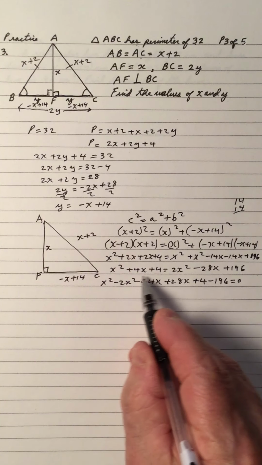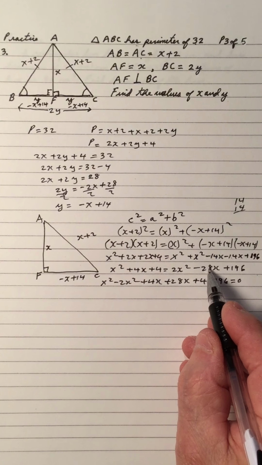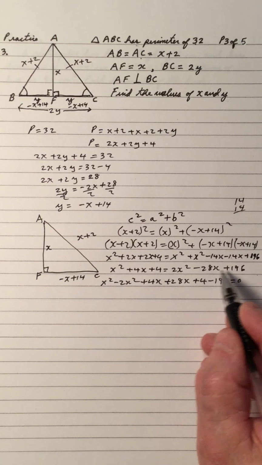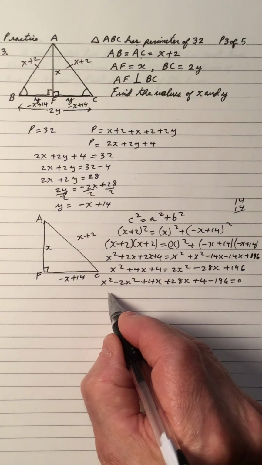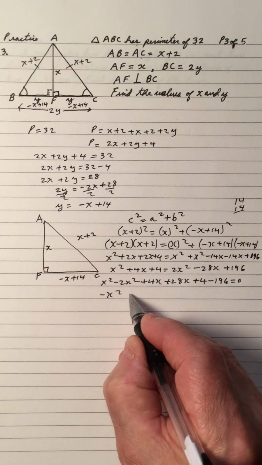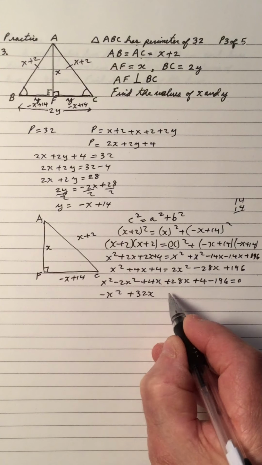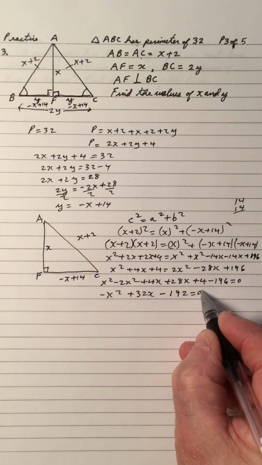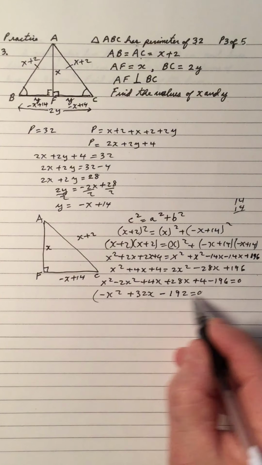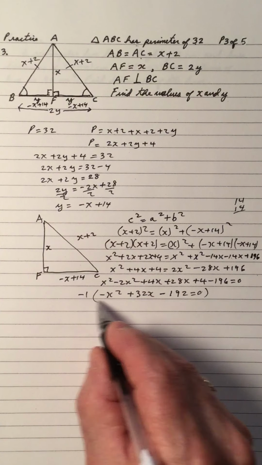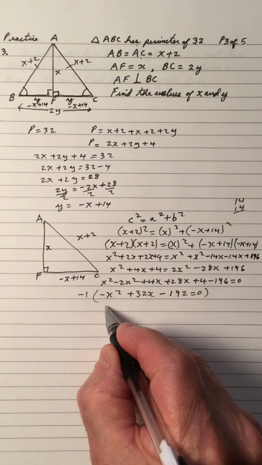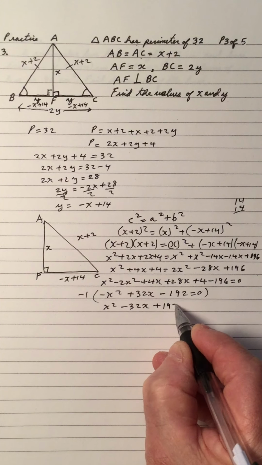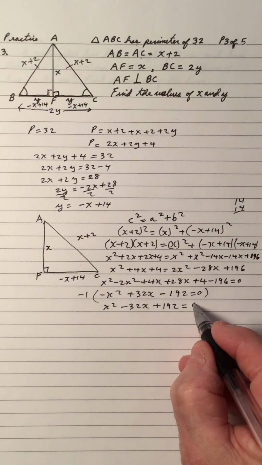So the 2x squared moved to the left to become negative. The negative 28x moved to the left to become positive. And the positive 196 moved to the left to become negative. That gives me negative x squared plus 32x minus 192 equals 0. Because I have a negative, I multiply all terms by negative 1. So it's x squared minus 32x plus 192 equals 0.